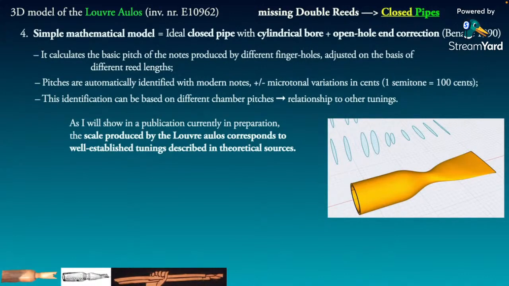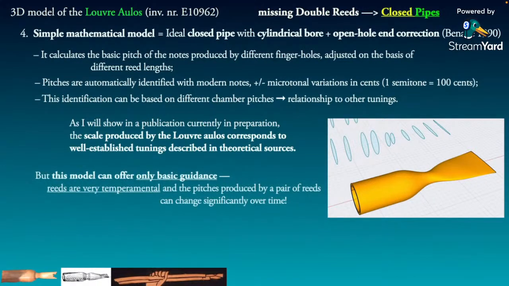But at the same time, a word of caution is in order, methodologically speaking, because as any modern player will confirm, double reeds are extremely temperamental, and the pitches produced by a single pair of reeds can change significantly over time.